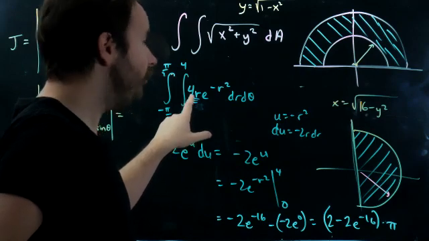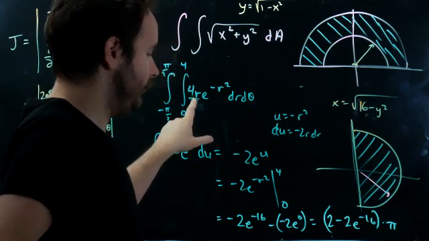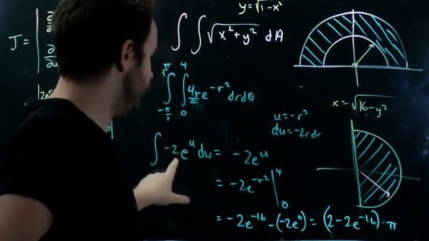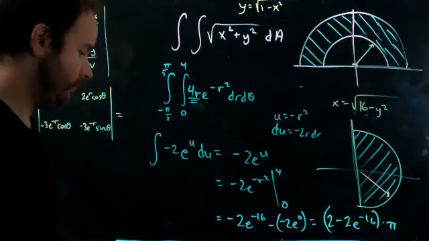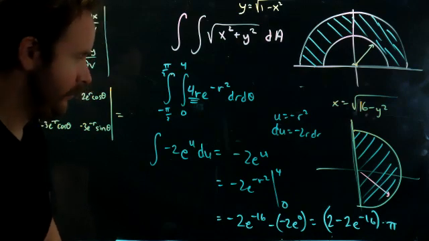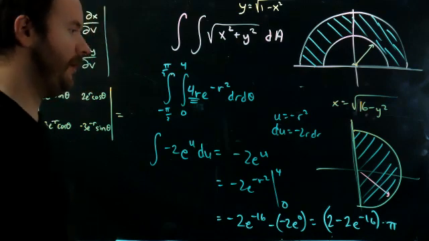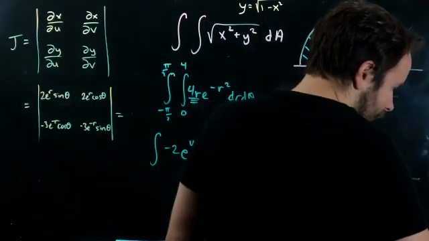If I took out a factor of negative 2r, I'm left with negative 2. So I'm going to be left with a negative 2 times e to the u. All right, we're moving on, buddy. You got it from there.